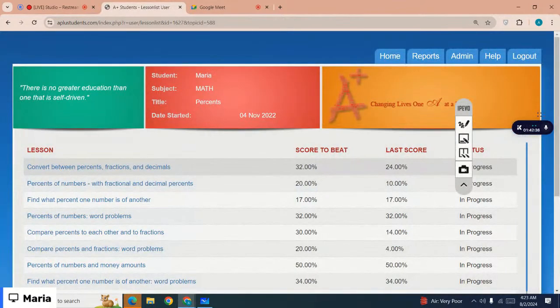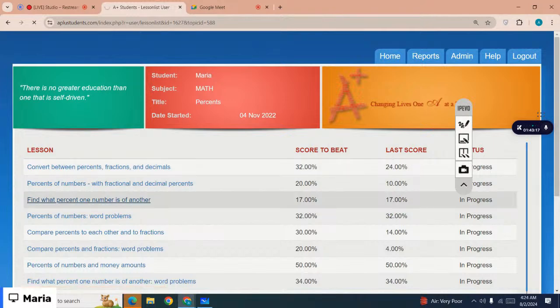The next lesson is find what percent one number is of another.